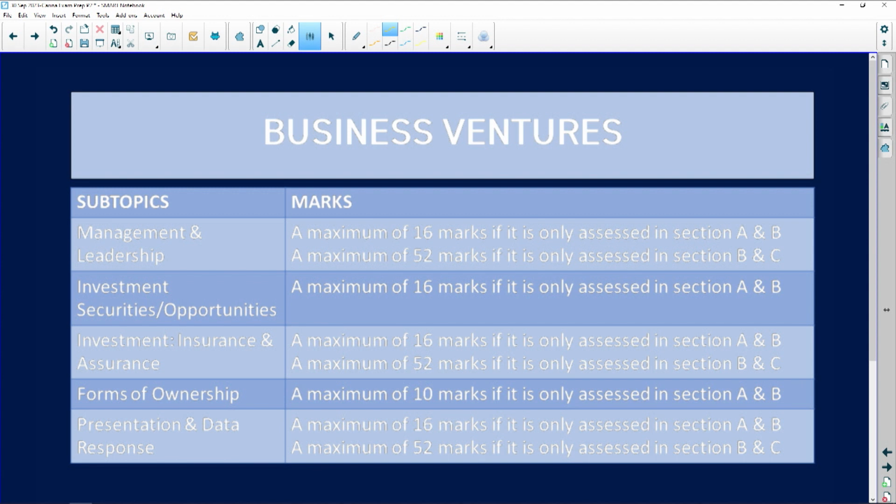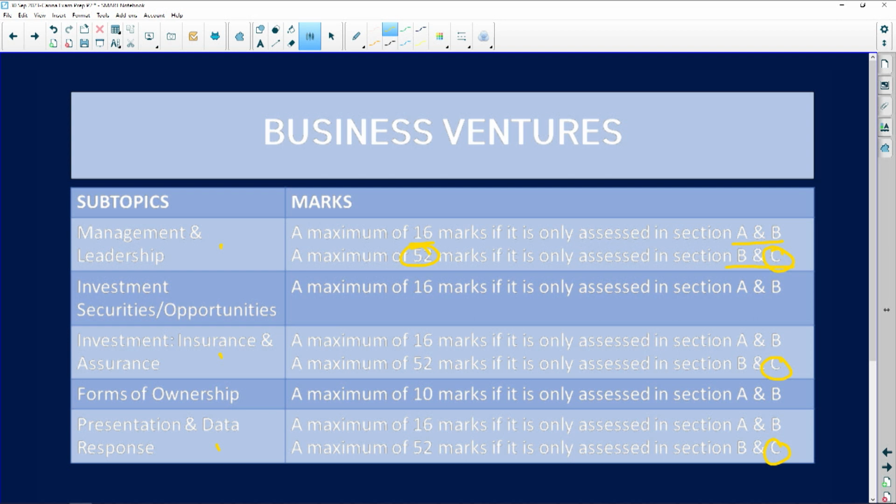Let's start with business ventures. Now, I've given you the mark breakdown of what to expect when it's asked in section A, B, or C. So, management and leadership, investment and insurance, and presentation of data, these 3 all have the same requirements. It's only 16 marks if it is in section A and B, and a maximum of 52 if it is in section B or C. But note here, it can be an essay question because section C is your essay questions.